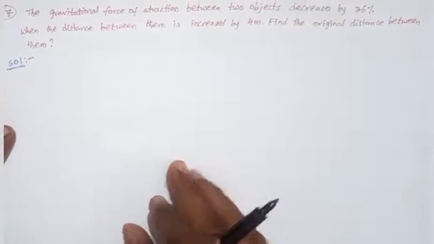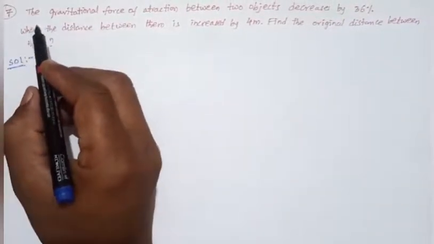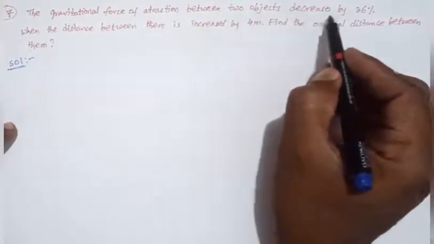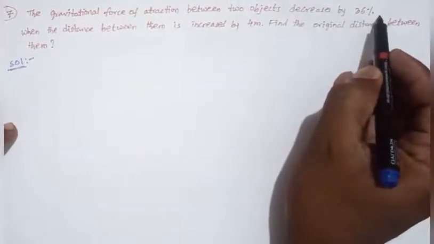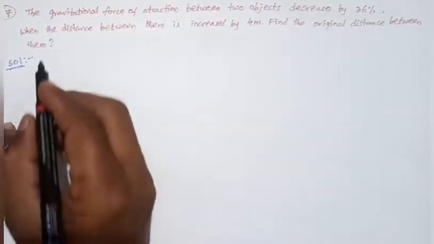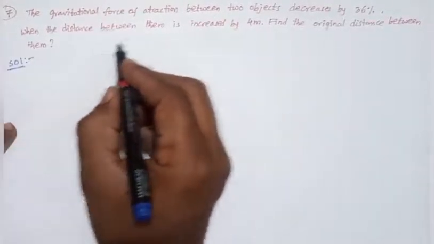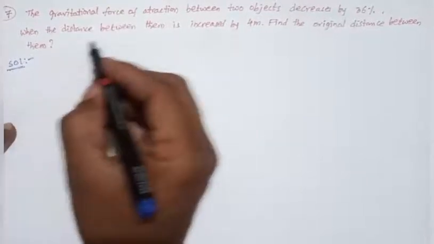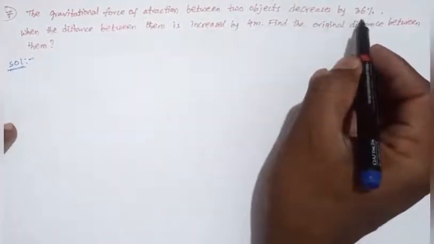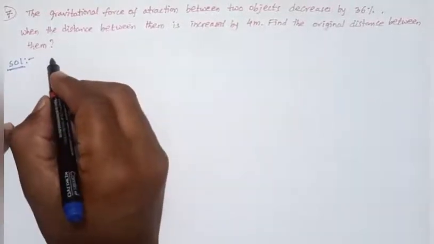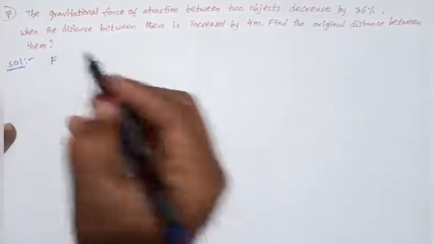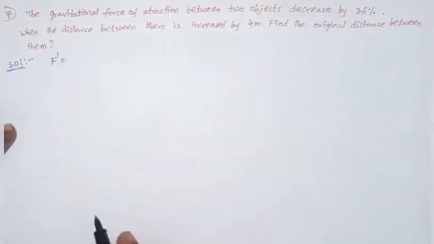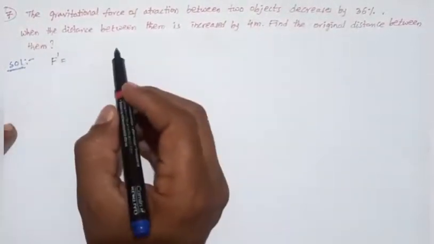Okay, next we can discuss problem number 7. The gravitational force of attraction between two objects decreases by 36%. Okay, for example, the gravitational force decreases by 36%. That means, consider F dash is the decreased gravitational force.